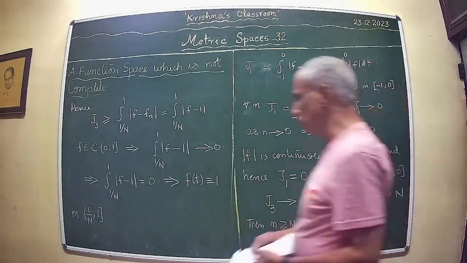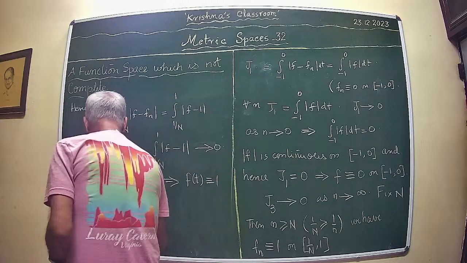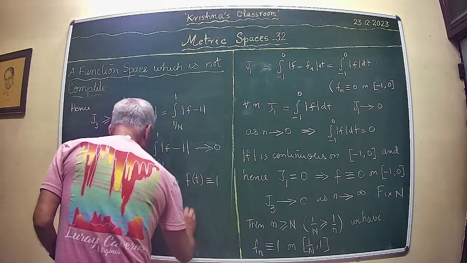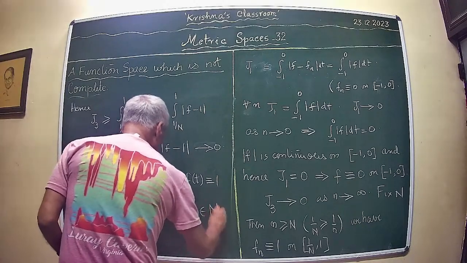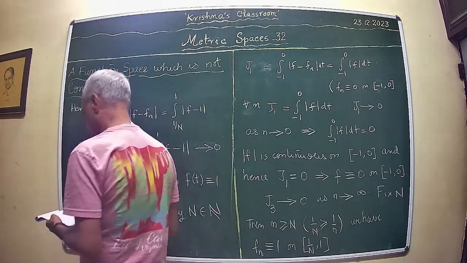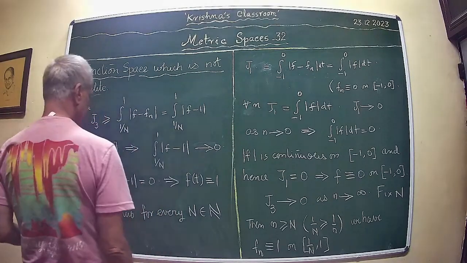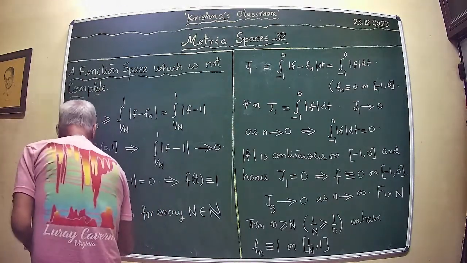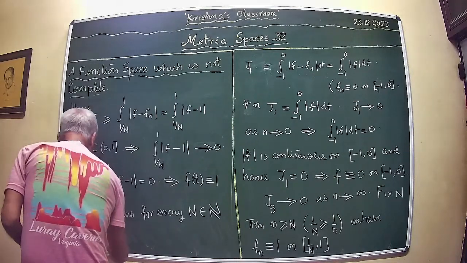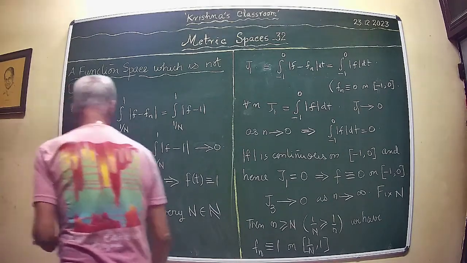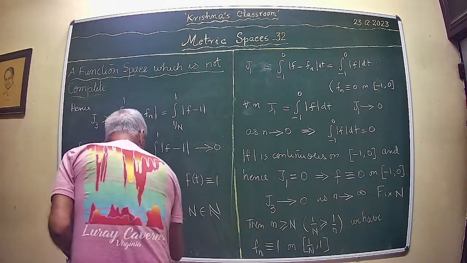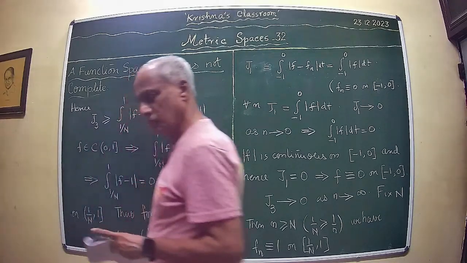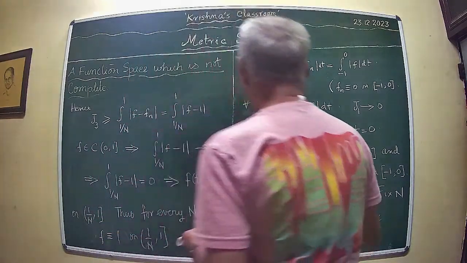Now this is true, and f is equal to 1 on 1 by n to 1. What is the implication?